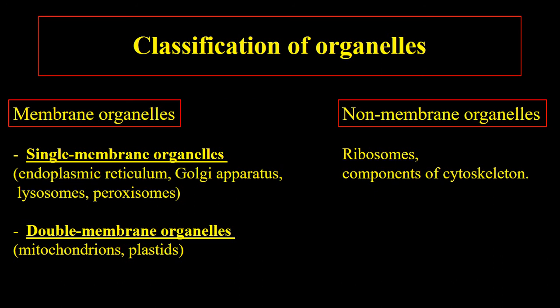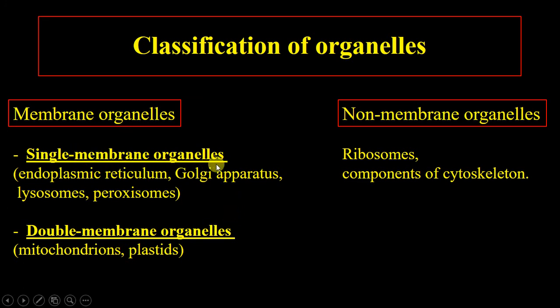So, the classification of organelles based on their structure. We said that organelles are divided into two main groups: membrane organelles and non-membrane organelles. What types of organelles are included in membrane organelles? You can see that there are two subgroups.